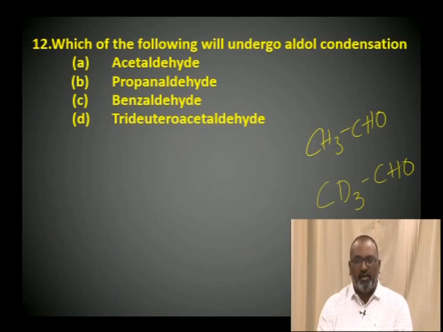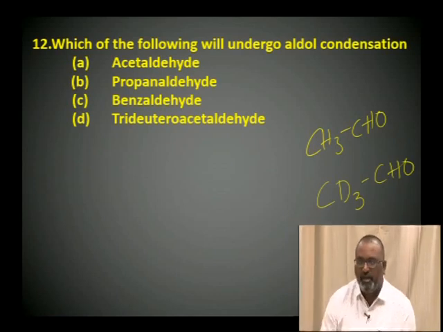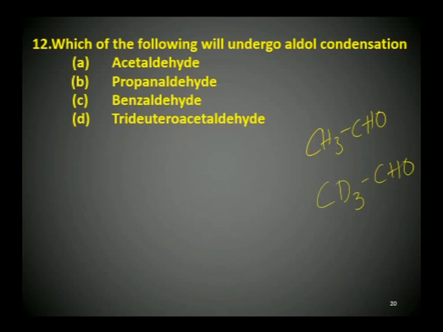So, these 3 deuterium can be called alpha deuterium. So, whichever aldehyde is having an alpha hydrogen will show aldol condensation. Then acetaldehyde, it is having 3 alpha hydrogens.